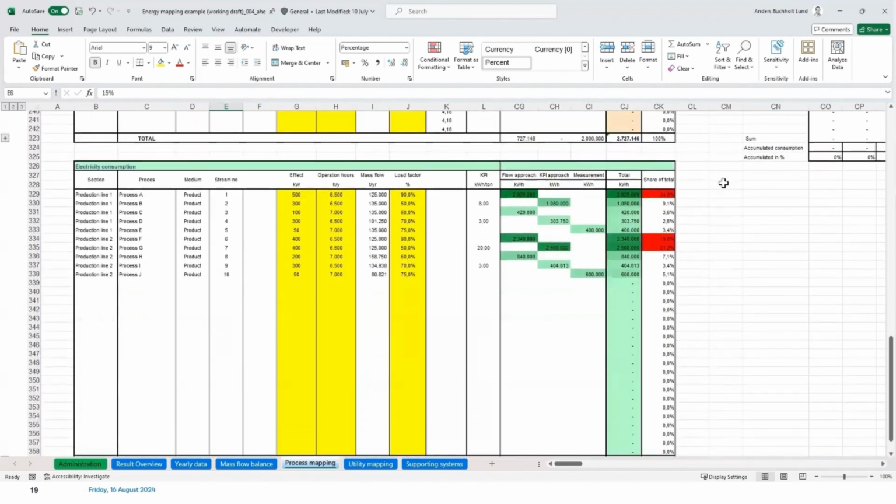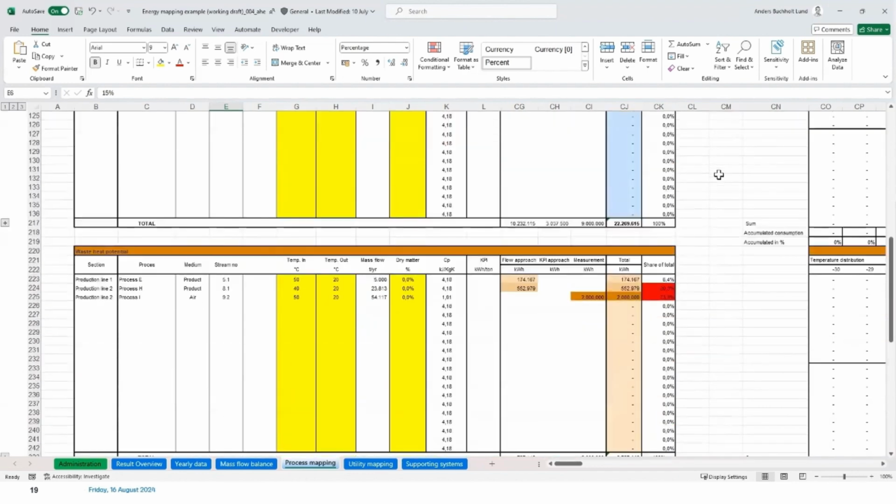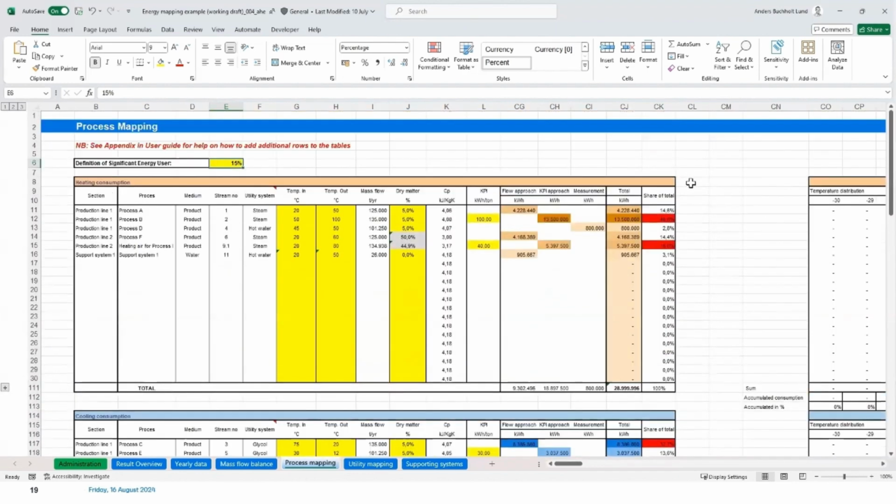Yes. Do you have some comments relating to this sheet? Yeah, I have. Maybe if you can go one step back to the mass balance.